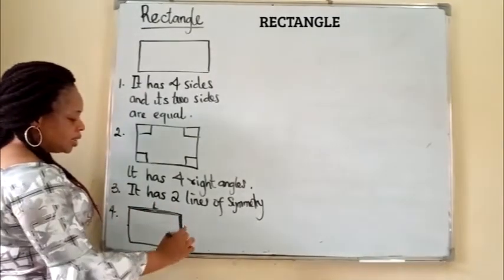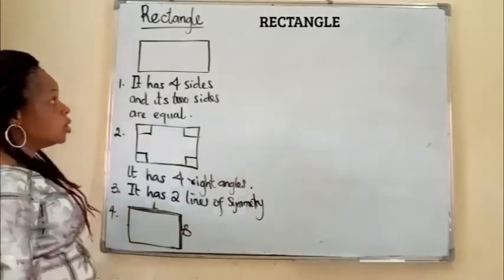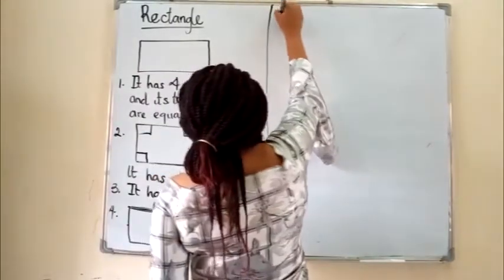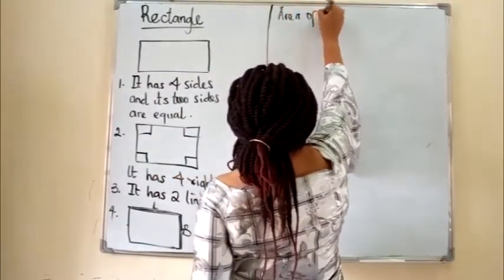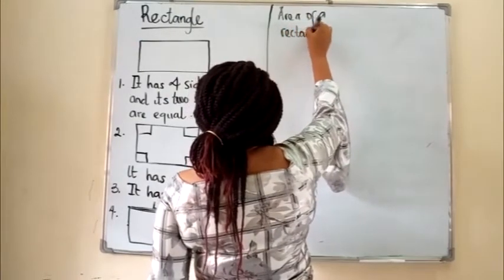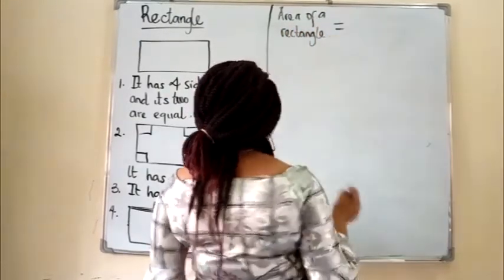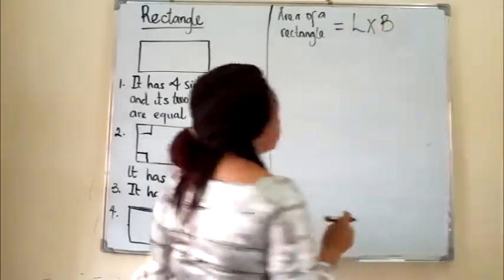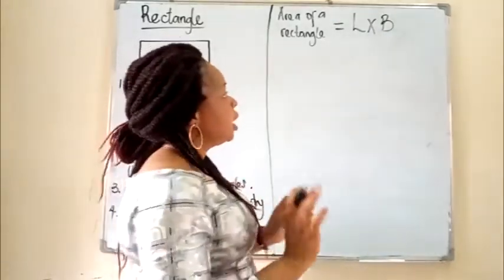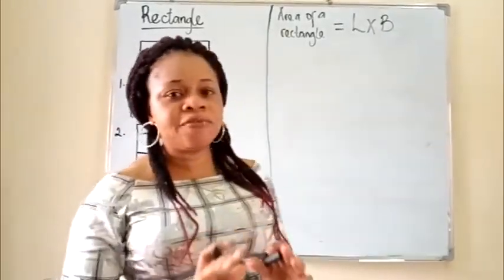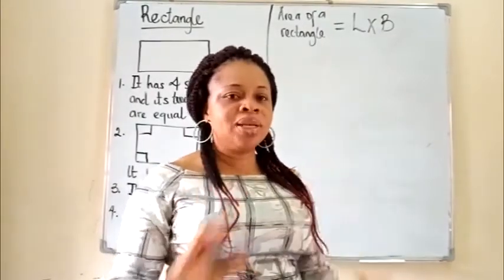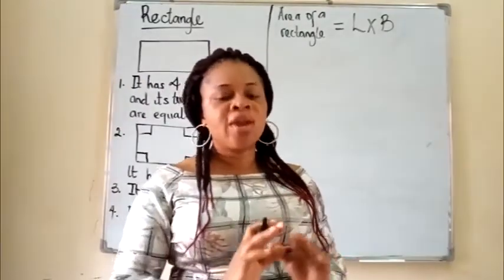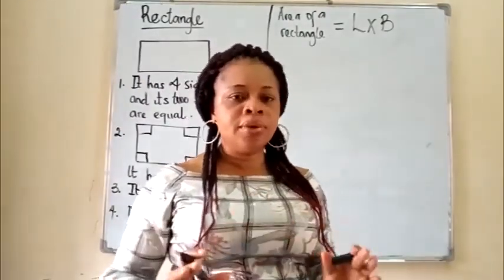This is my length and this is my breadth. Area of a rectangle is equal to length times breadth. Very straightforward. Length times breadth. The length is different from the breadth. So when you multiply the length and the breadth of a rectangle, it gives you the area.